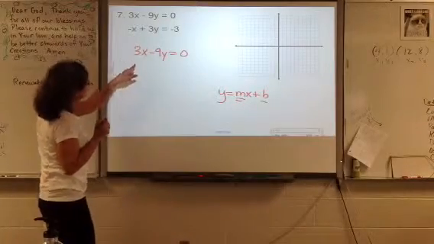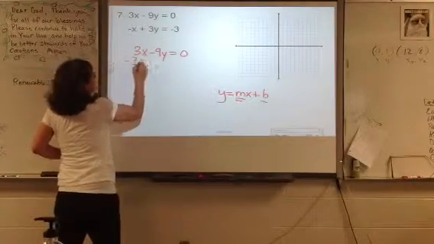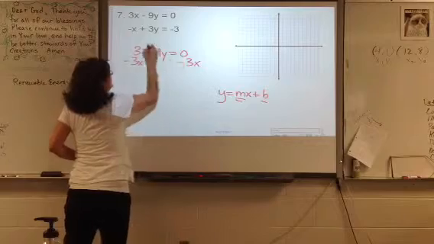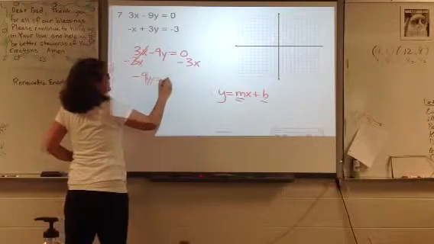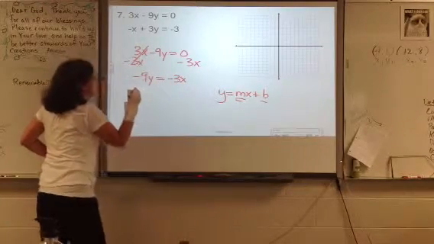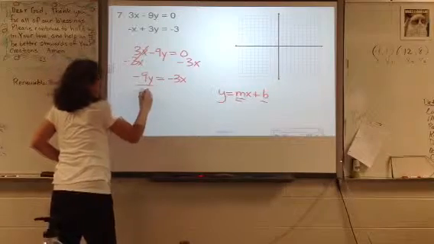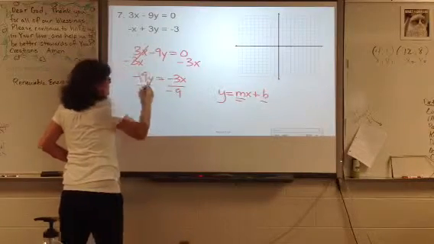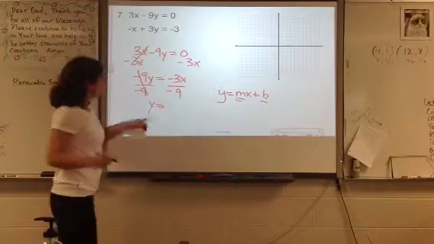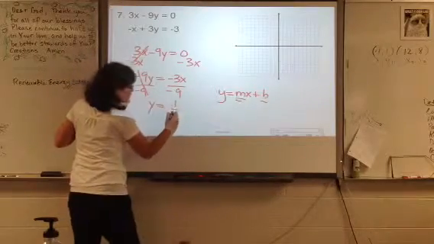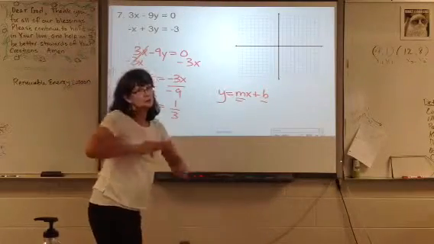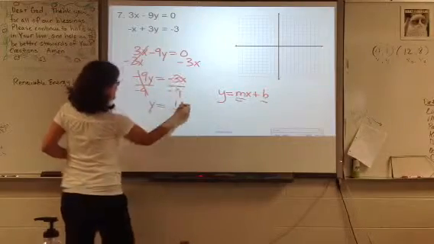So I need to move my x's over here. Negative 9y equals negative 3x. And divide by negative 9 to get y alone. And y equals 3 over 9, which is 1/3, and negative over negative is positive, x.